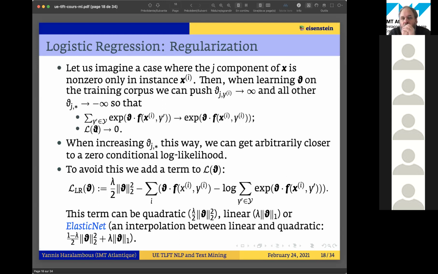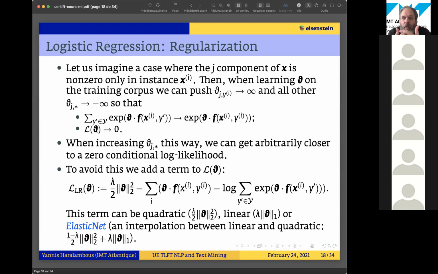This means that if I take a very high theta for this document in this class, and very low thetas, negative thetas, for this word in other classes, then I can get an arbitrarily high likelihood and an arbitrarily low loss.